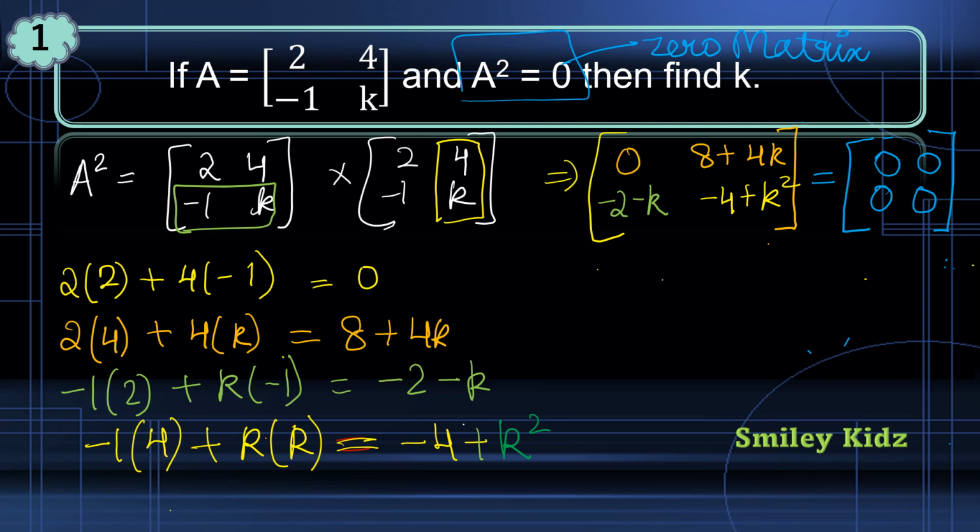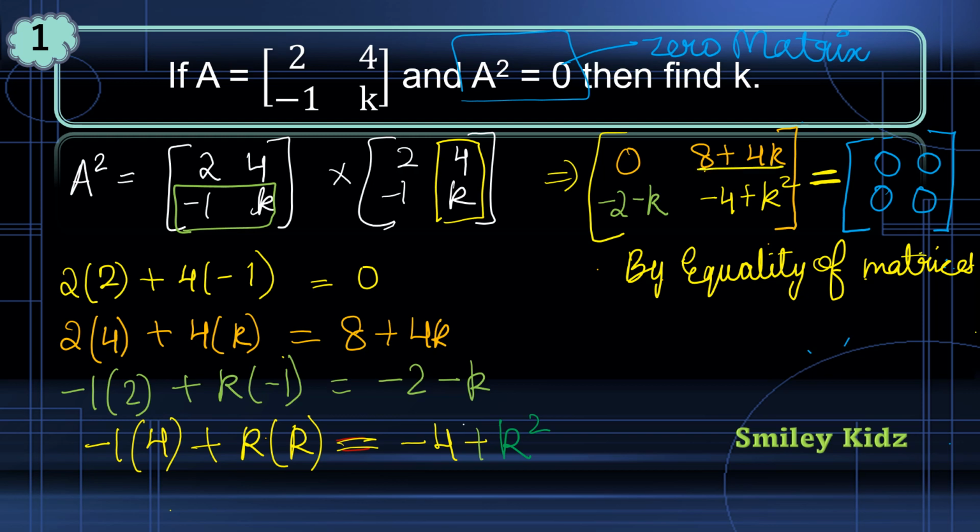Now, here they are equal. So by equality of matrices, the corresponding elements will be equal, right?